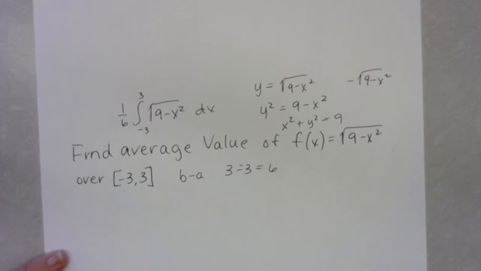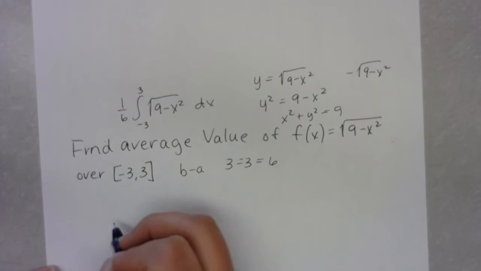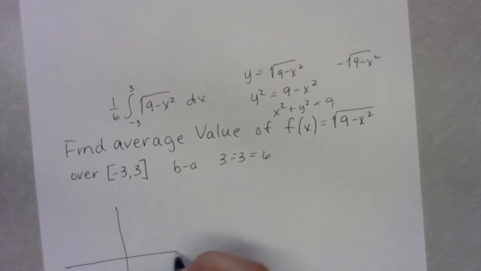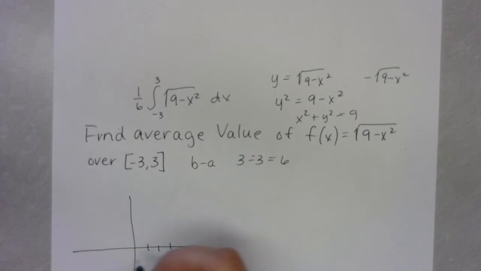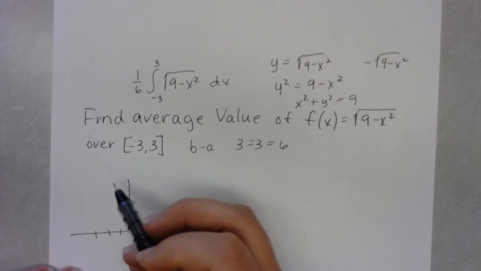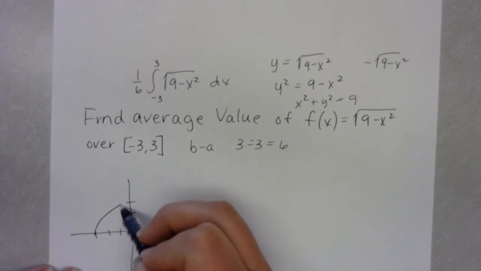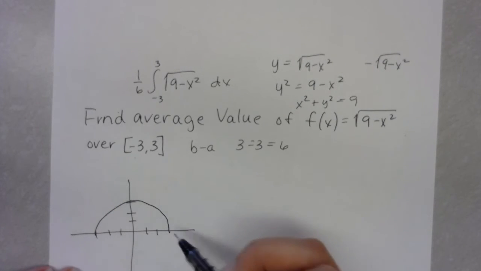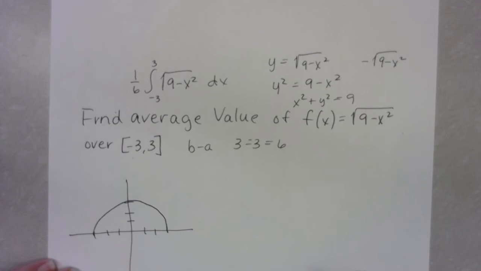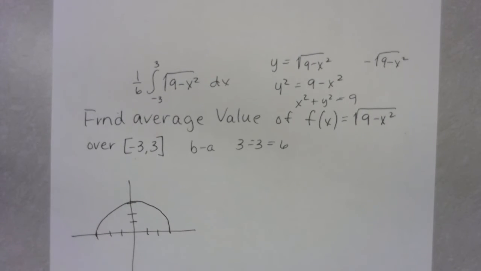Okay, so I'm going to draw a picture of this, maybe 1, 2, 3, 1, 2, 3, and I'm going to just draw the top half because that's all we need. So that means I'm going to have this here, which is a little bit lopsided, the top of a circle.